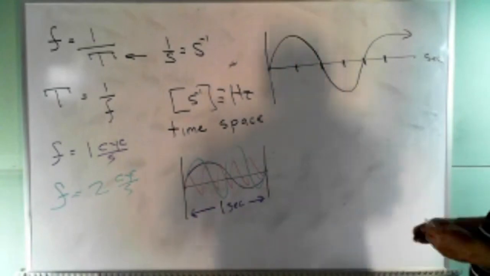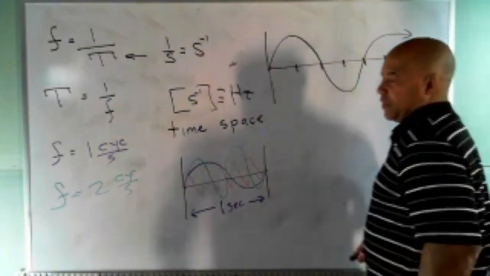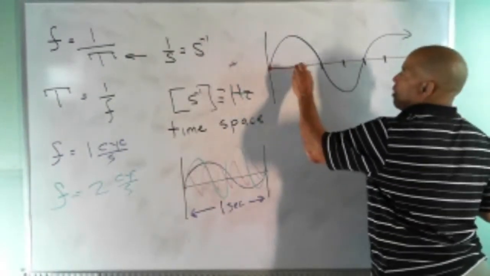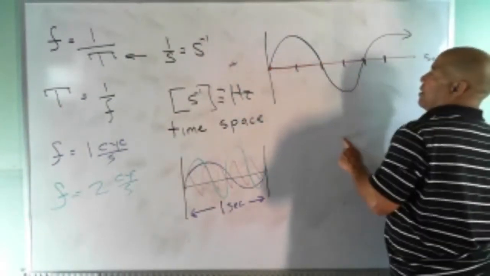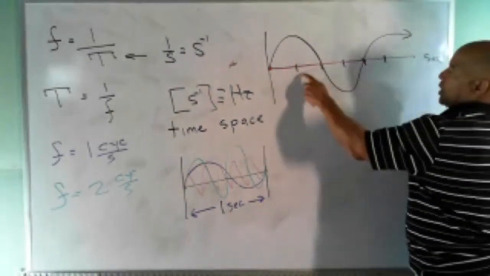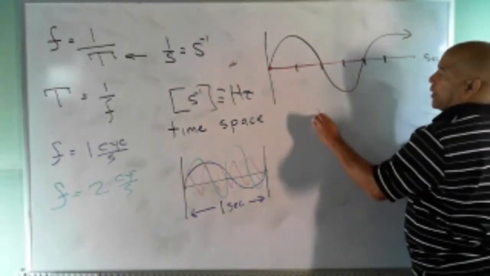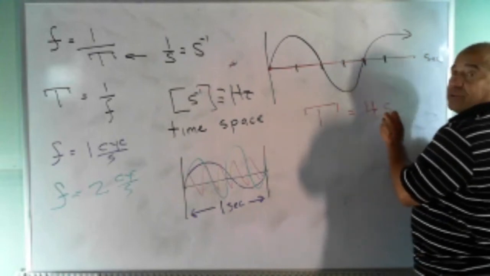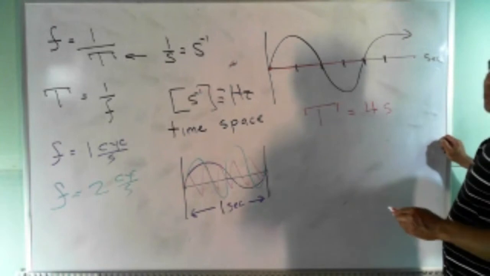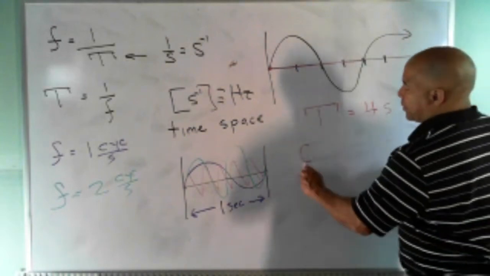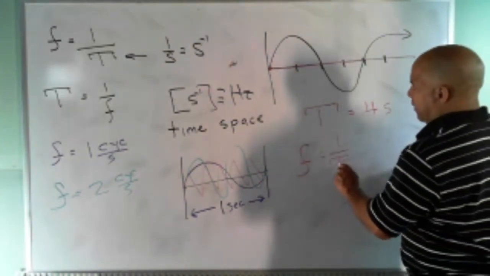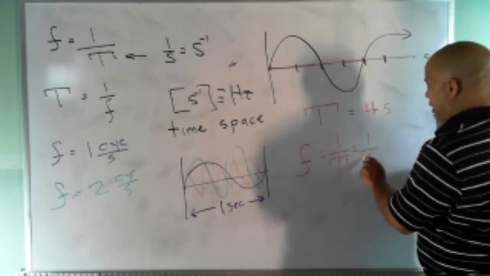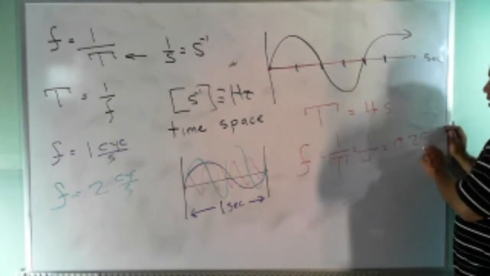But going back to this, if this is my relationship for frequency and period, and this is my diagram, then I can say, all right, well, the period of this waveform, that's the time it takes to go from here all the way over to where it starts to repeat. So this is in seconds. That's 1, 2, 3, 4 seconds. So my period is 4 seconds. If my period is 4 seconds, what's my frequency? My frequency is equal to 1 over the period, which is 1 over 4, which is 0.25.